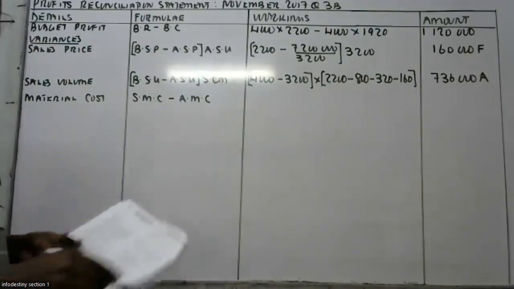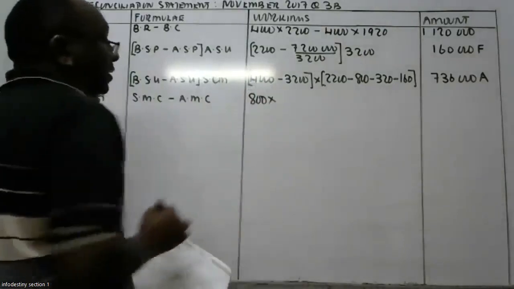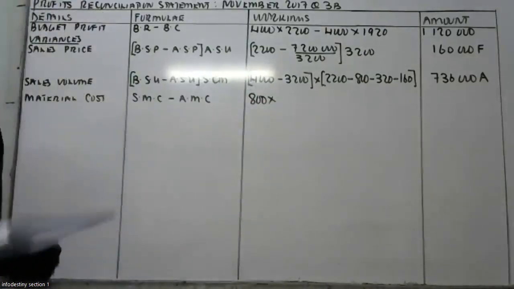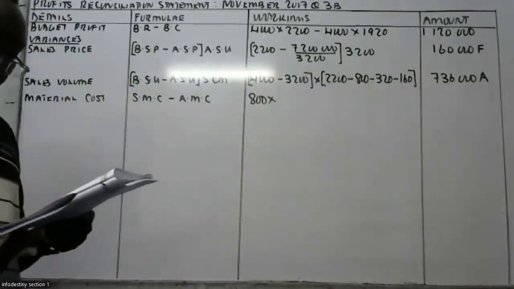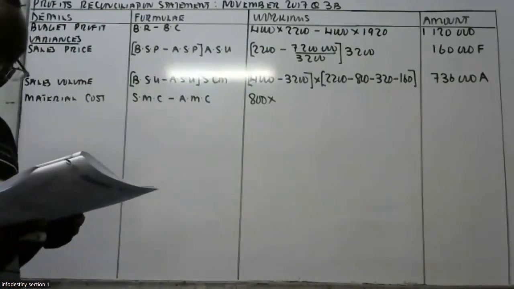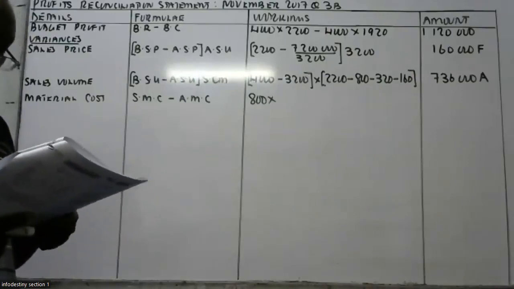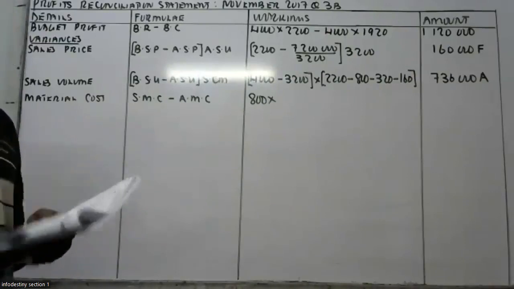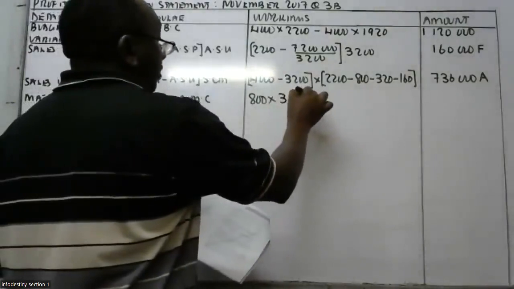So if you go up, you will find 1 unit was supposed to cost us 800 for material. Now if you go down here, you can see total production was, in information 3 in the middle, 3,600.